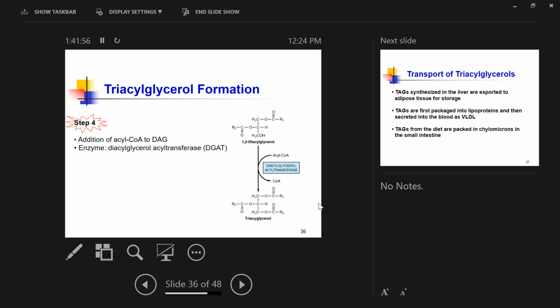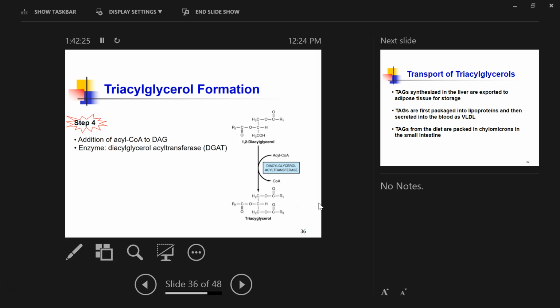Okay, so I think it's pretty simple. For triglyceride synthesis, just try to remember the sources of the substrate, particularly glycerol 3-phosphate, coming from two pathways, glycolysis and glycerol phosphorylation, and then you just add the three fatty acids.